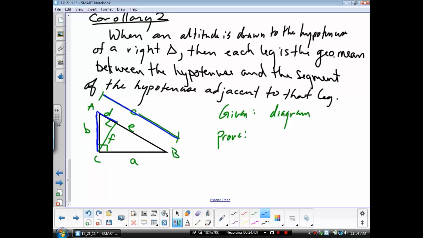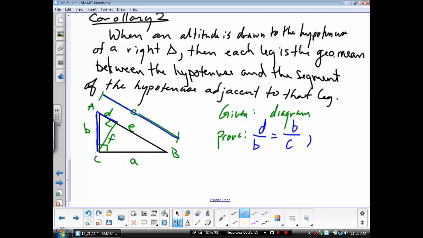D. So B is a geometric mean between C and D, which means in a proportion, B has to have the means position. Means position is lower left, upper right. And it's a geometric mean between D and C.